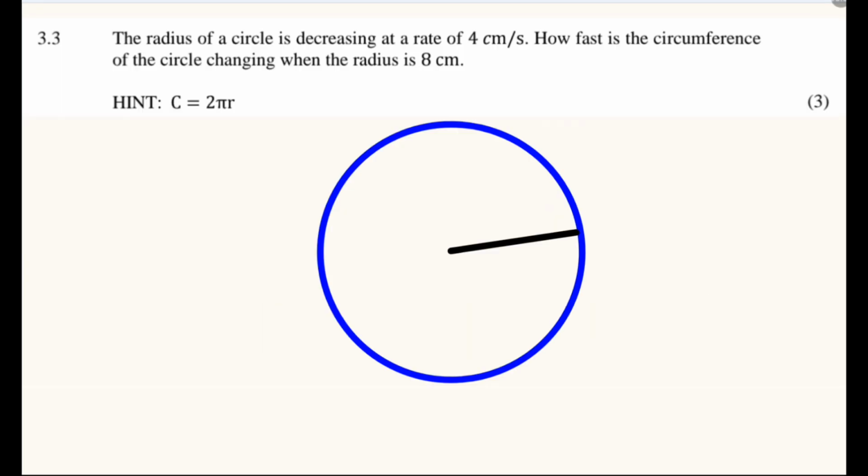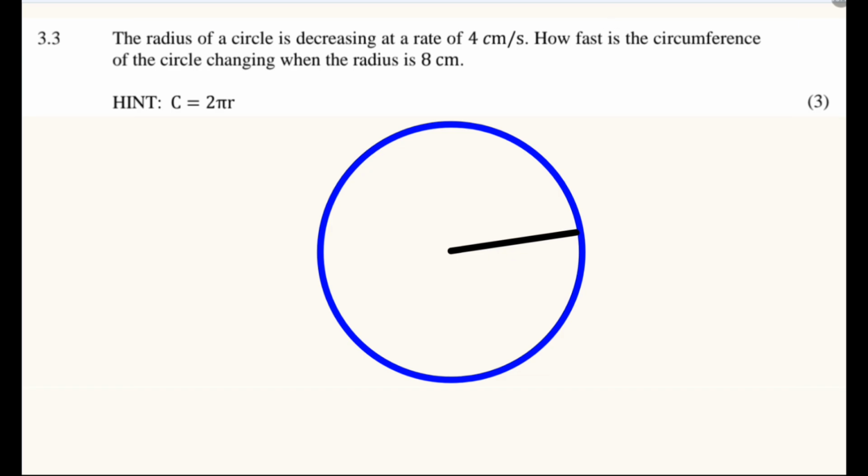Question 3.3. The radius of a circle is decreasing at a rate of 4 centimeters per second. How fast is the circumference of the circle changing when the radius is 8 centimeters? The hint is that C is equal to 2 pi r, the circumference.